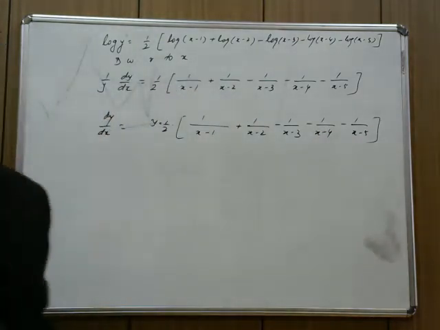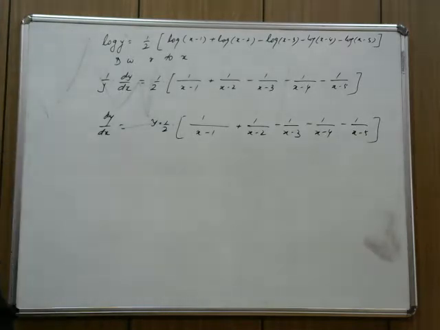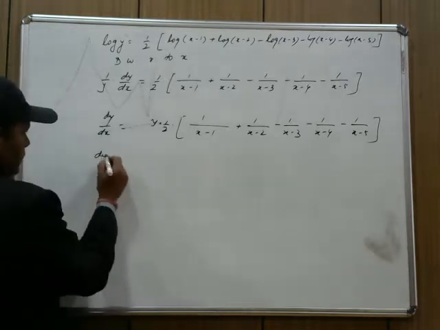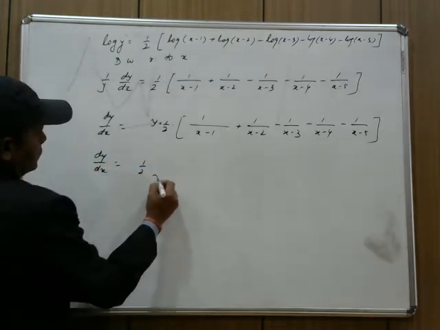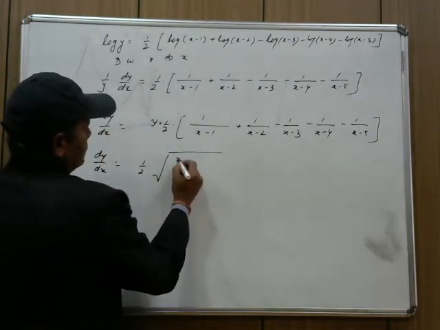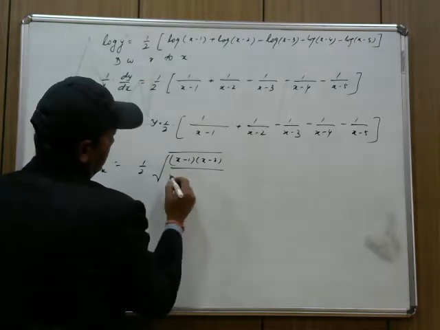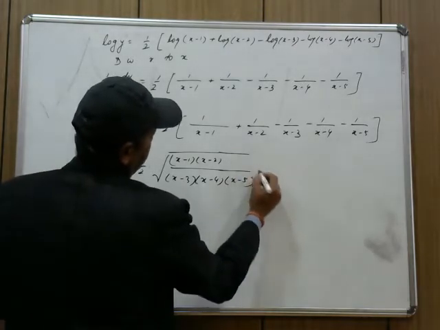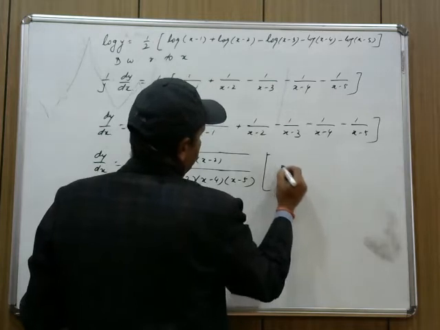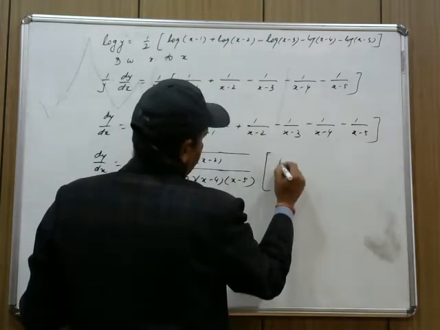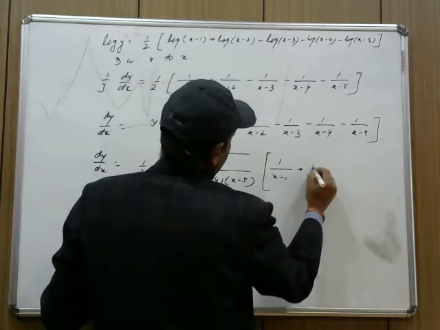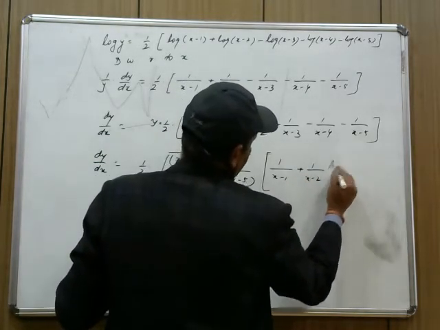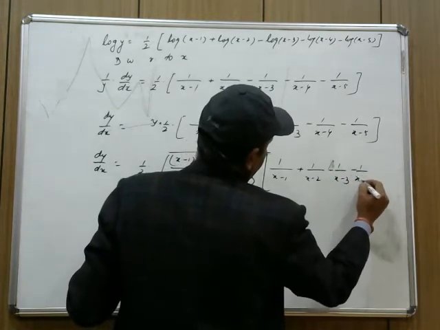Now put the value of y. Y is what? The value of y is, from the question directly, so dy by dx is equal to 1 by 2 into under root of (x minus 1)(x minus 2) upon (x minus 3)(x minus 4)(x minus 5), into [1 upon x minus 1 plus 1 upon x minus 2 minus 1 upon x minus 3 minus 1 upon x minus 4 minus 1 upon x minus 5].